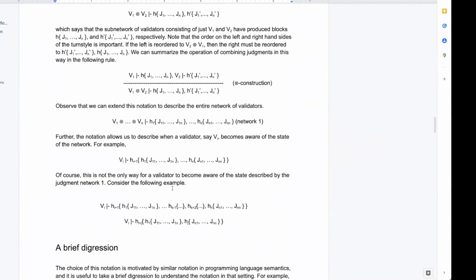And in particular, rules of this type show us how we can go from individual valid blocks to a network producing collections of blocks, and then how those collections get re-internalized into individual blocks.